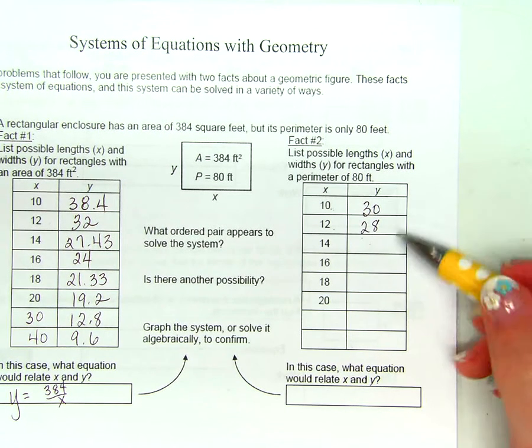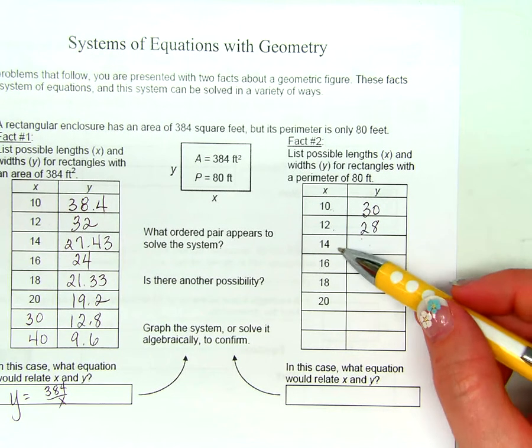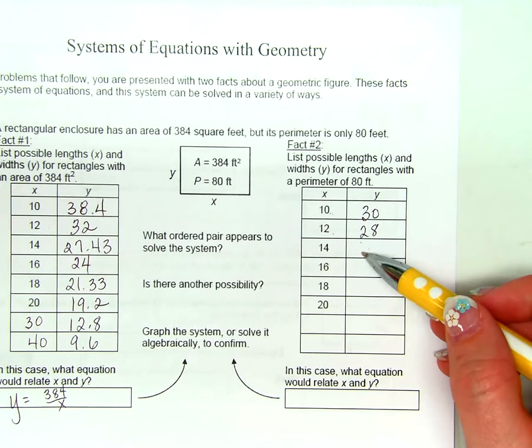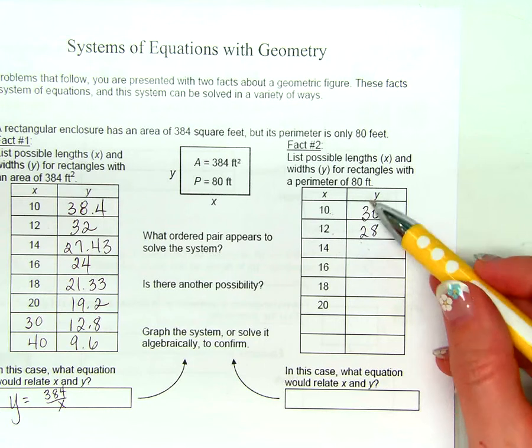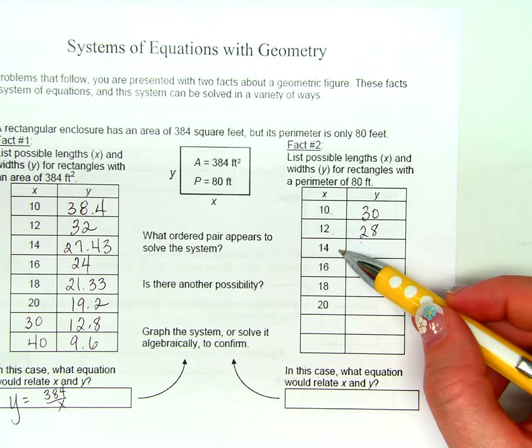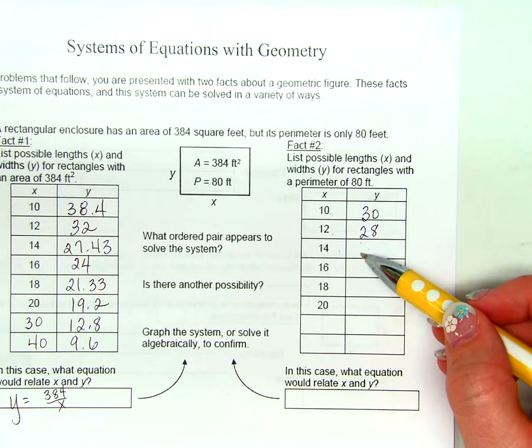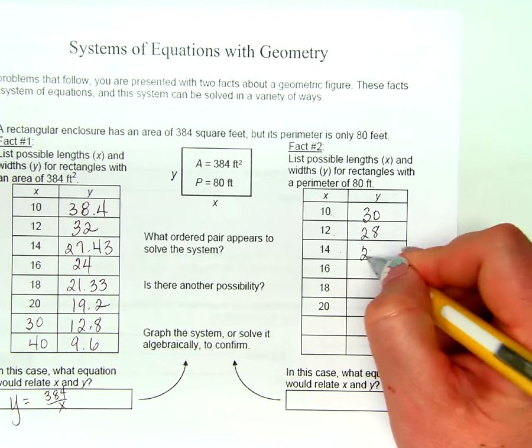Okay? No, that's fine. Good question. We're down here at 14. Who hasn't given me an answer yet? Has everybody answered one? Okay, then we can start over again. What is 80 minus 28? Divided by 2? 26.